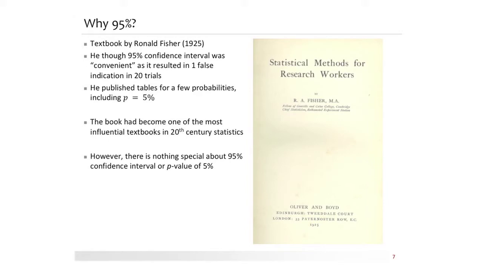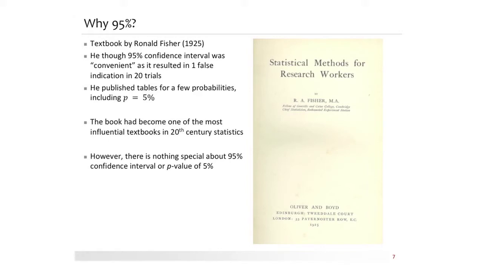That means that 1 in 20 experiments will give you the wrong answer. And he thought it was convenient. He also published tables of probabilities, various probability distributions, and one particular column in these tables was for 5% or 95%, depending which side you look at it.